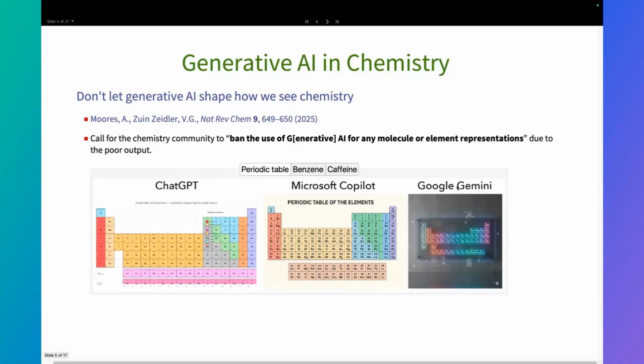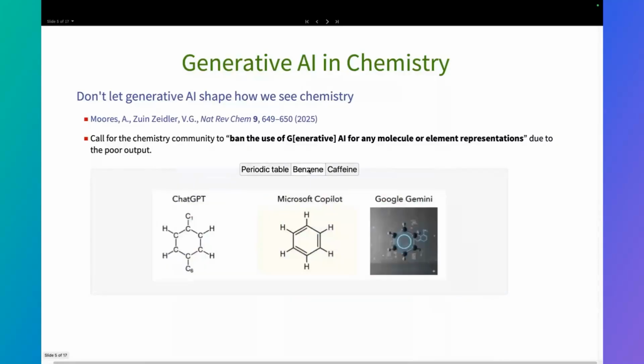And I apologize if my screen isn't big enough for you to see all the small details, but here, for example, there's an extra row. There's bits missing. The actinides are completely missing from Gemini. And things are amiss over here as well in the ChatGPT response because they're making it up as they go, which isn't good when you're talking about chemistry.